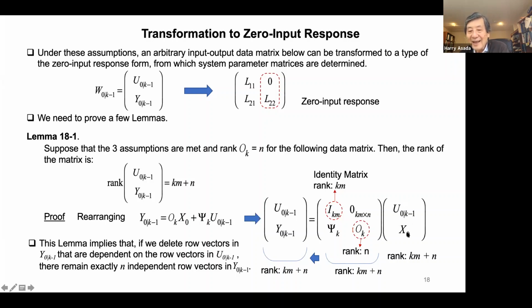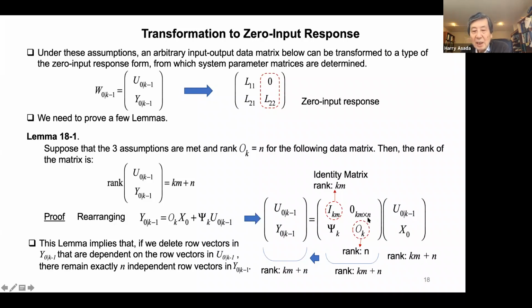So just pick up the identity matrix. And the second line is important. Y_{0,K-1} equals Phi_K U and then O_K X. This is exactly the same as this expression. So this big matrix conversion is actually true.